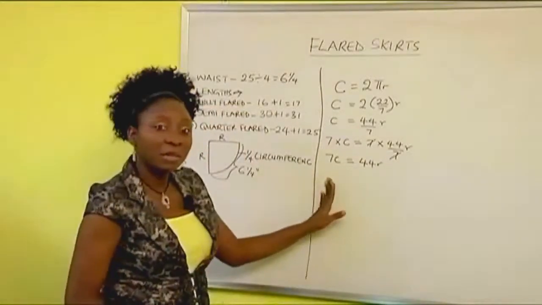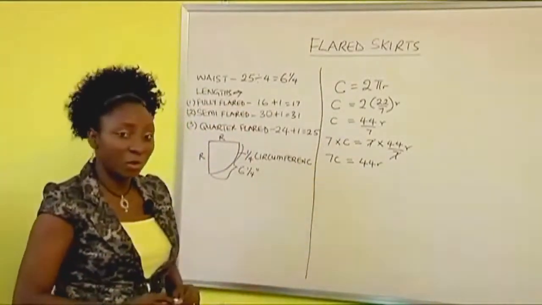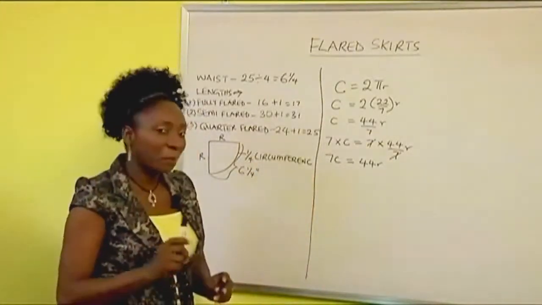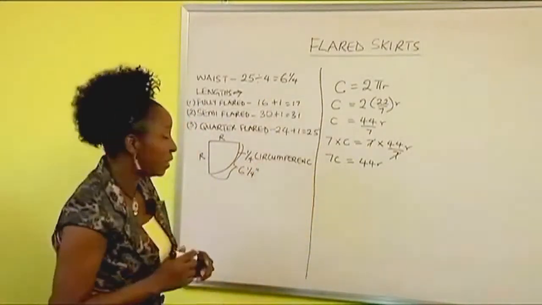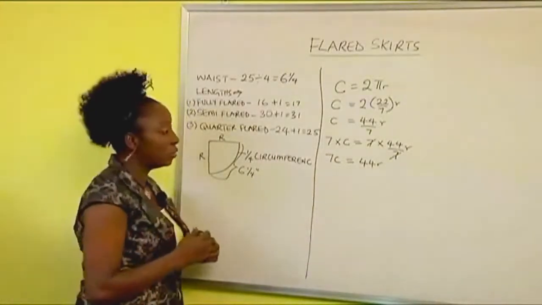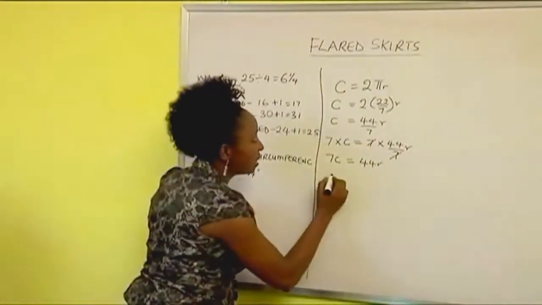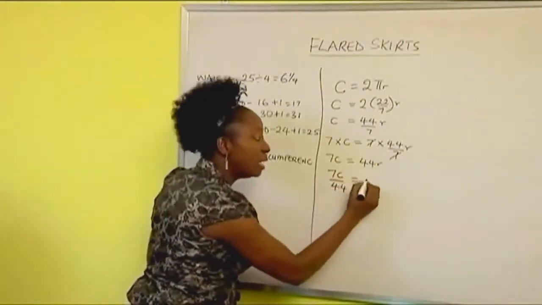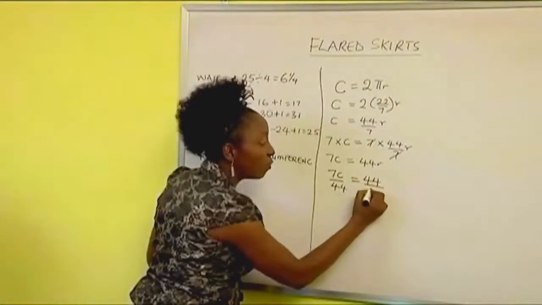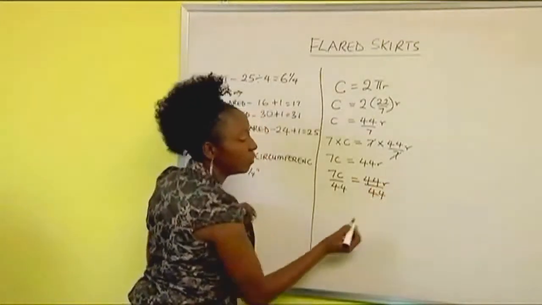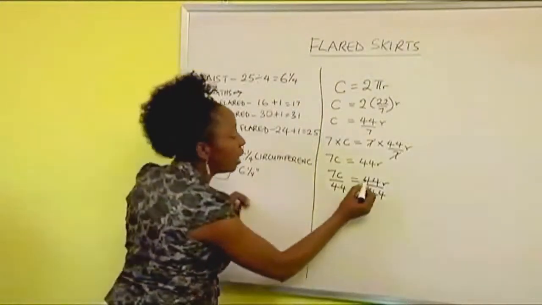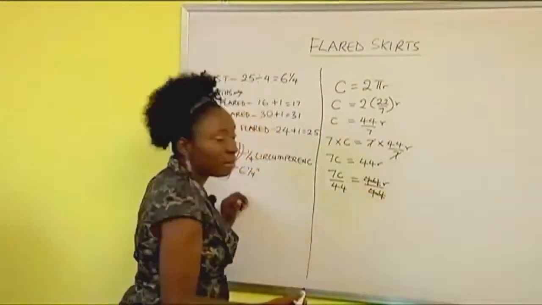So you can see that we're very close to making r the subject of the formula. So I want to take this and divide both sides by 44. Very clever. That's why mathematics is very good for life. So 7C divided by 44 would give me 44r/44. Now, I just cancel 44 with 44, and then what I'm left with is r.